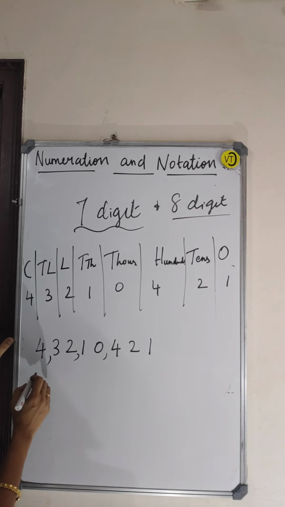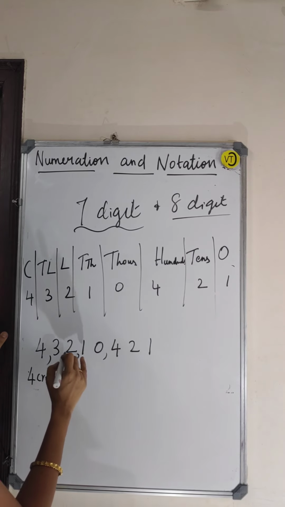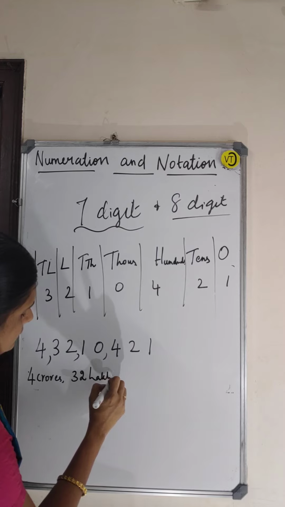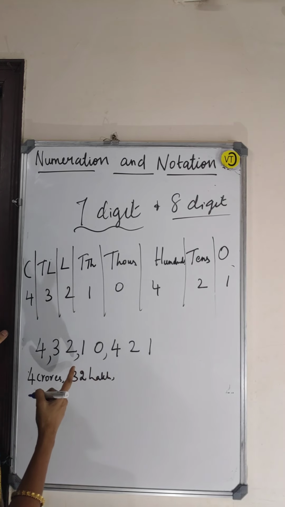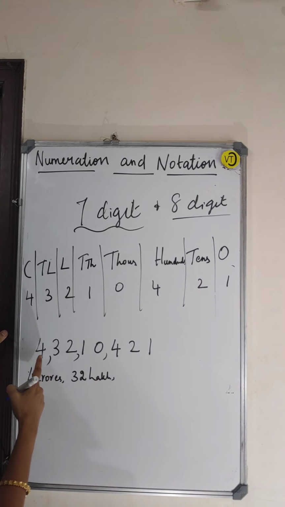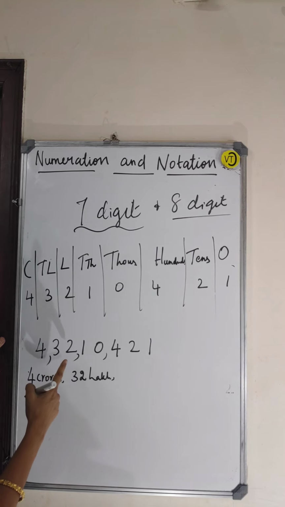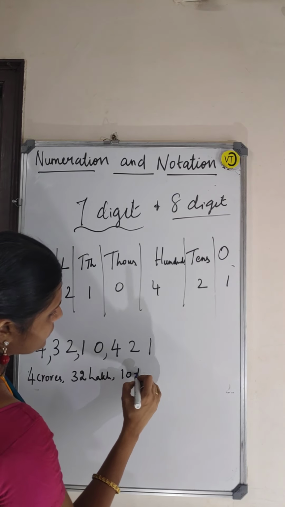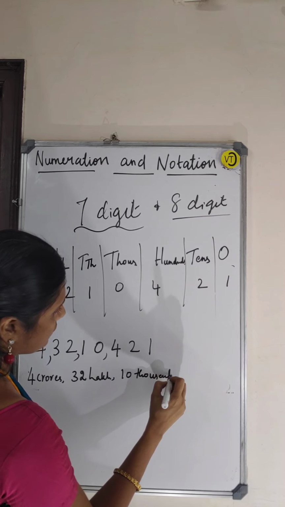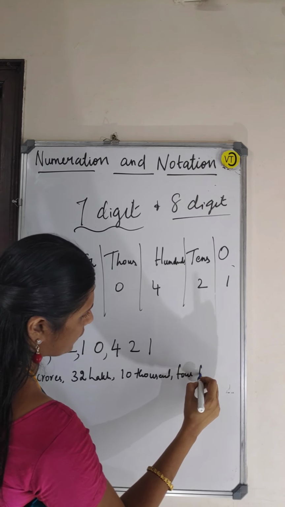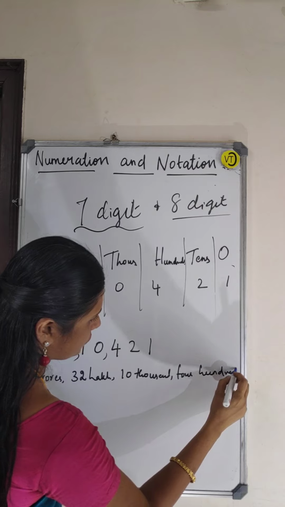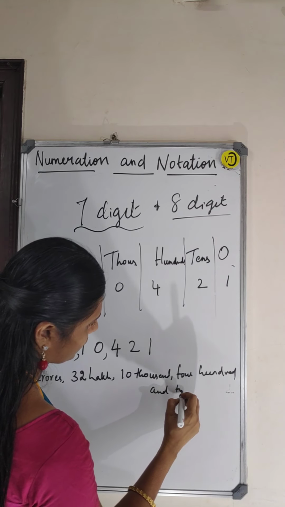So you have to say 4 crores, 32 lakhs, 10,000 and 421.